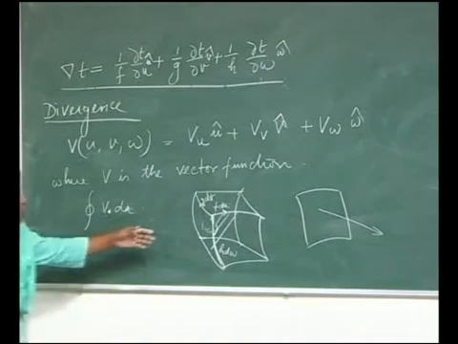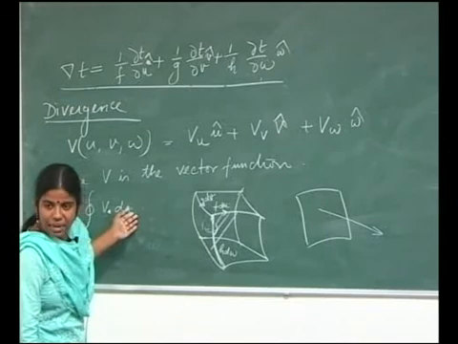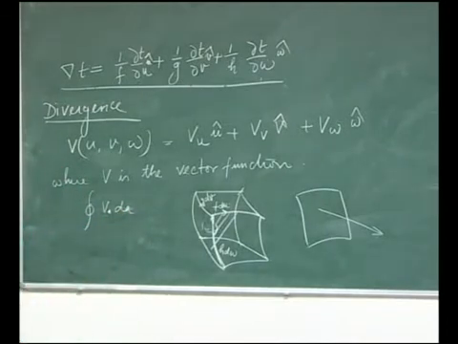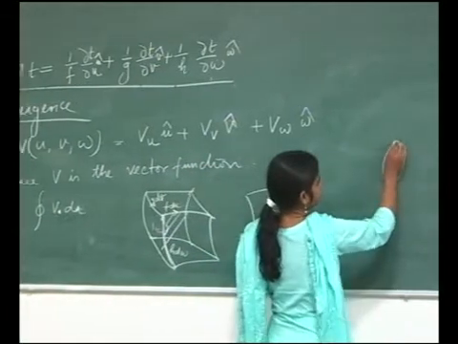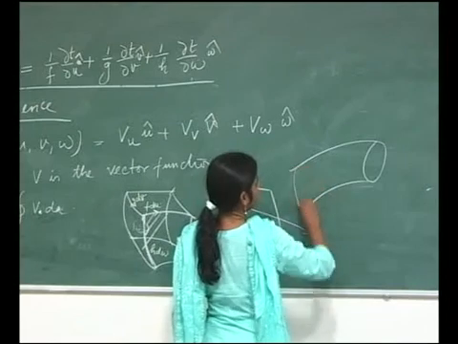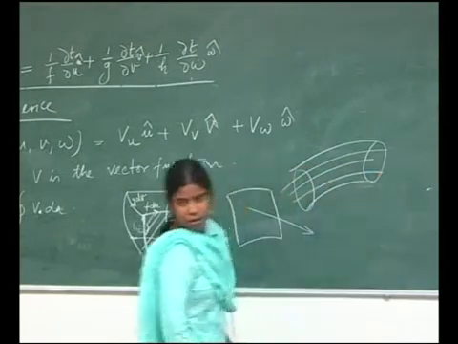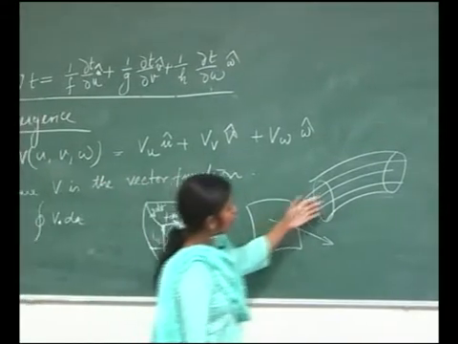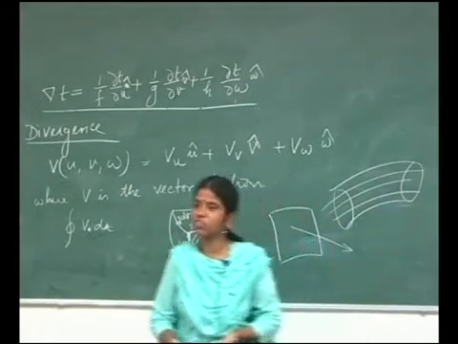Area is considered as a vector quantity, and if it is a vector quantity, it should have some direction. Suppose I have a pipe, and water is flowing through it. The direction of flow of water coming out of this surface, out of this cross section, will give me the direction of the surface area.